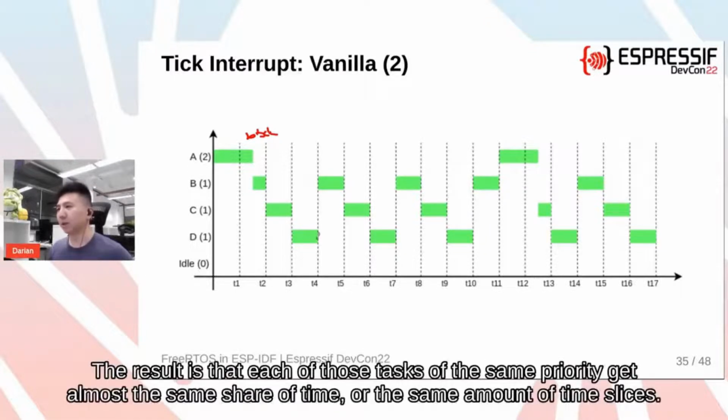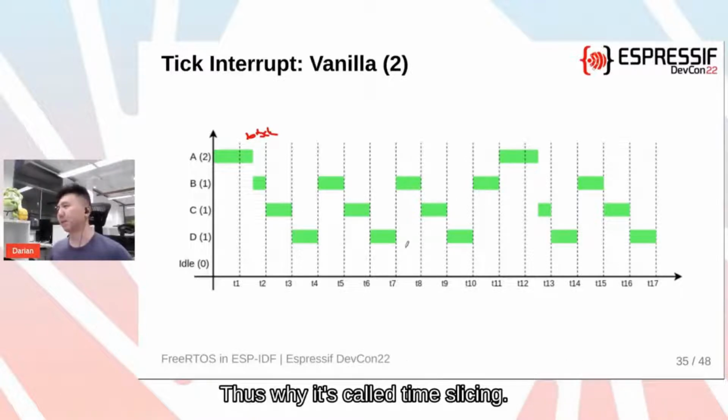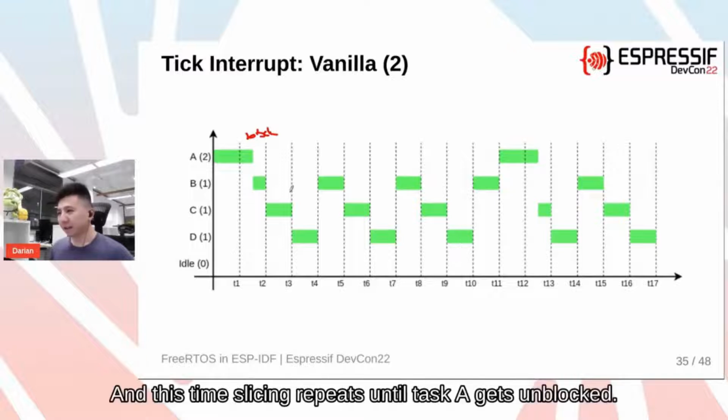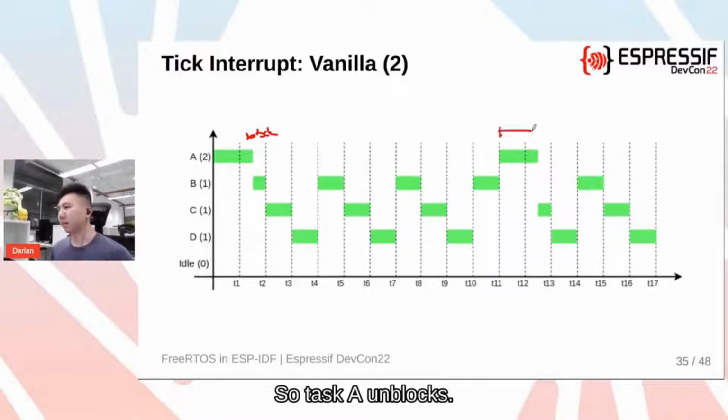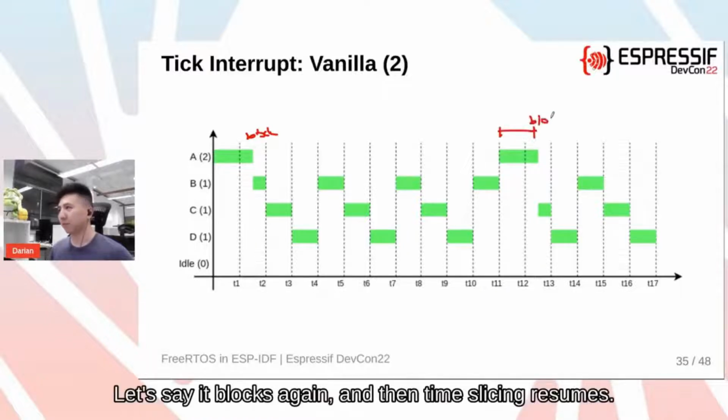So the result is that each of those tasks of the same priority gets almost the same share of time, or the same amount of time slices. That's why it's called time slicing. This time slicing repeats until task A gets unblocked, and then let's say it blocks again, and then time slicing resumes.